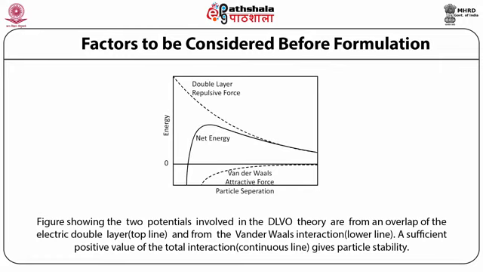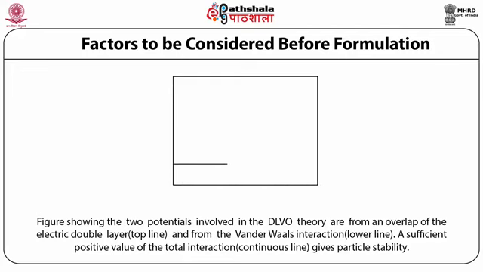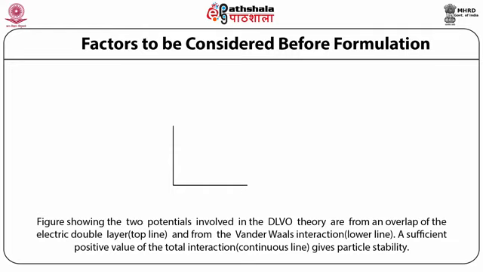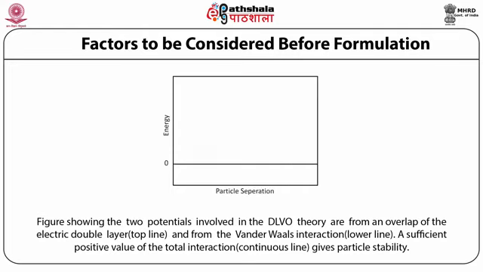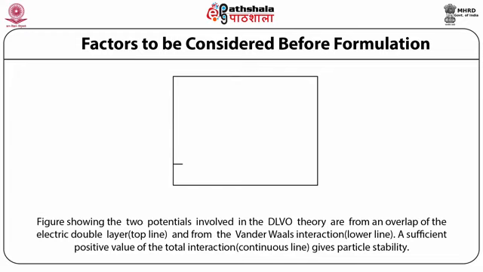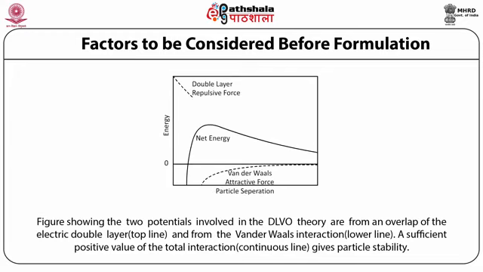So, an increase in the energy means repulsive forces between the droplets will be the dominating factor. Since the droplets are different from the continuous medium, a van der Waals attraction potential will be developed. The interaction between the droplets is decided by the total potential, and a sufficient positive value of this potential is generally required for stability of the multiple emulsion system.